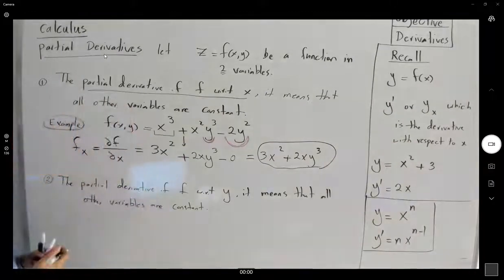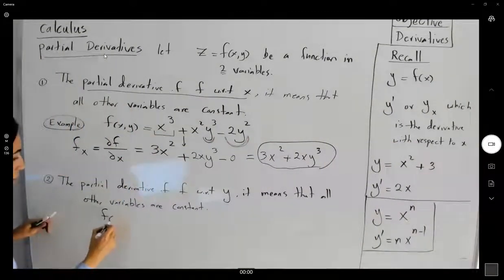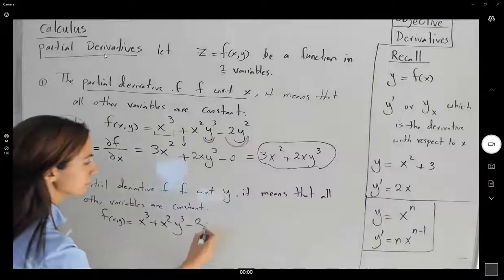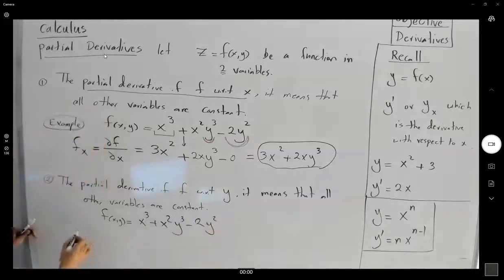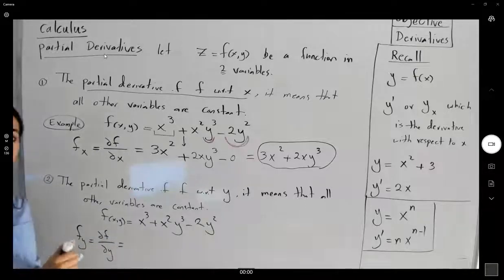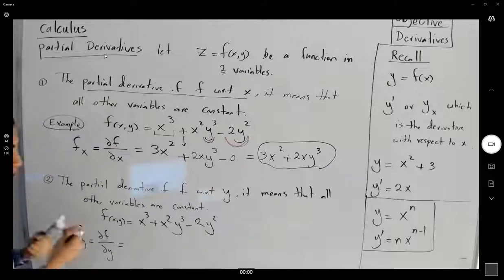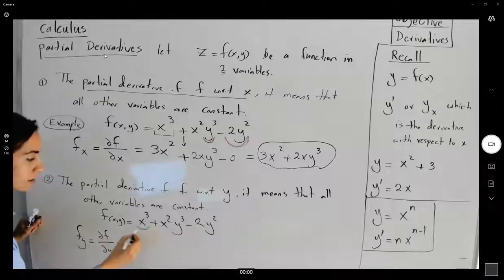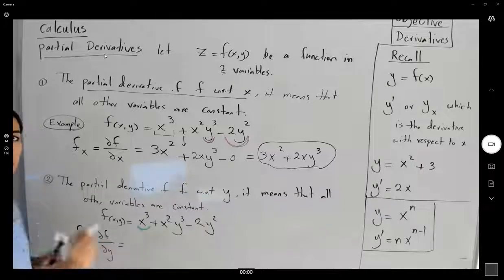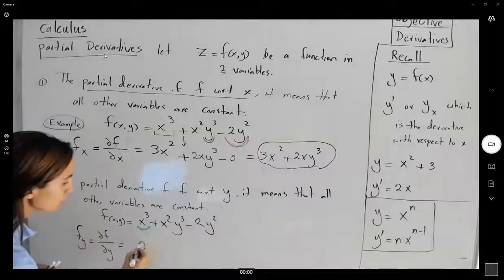Okay. Let me copy down the same function here and take the derivative with respect to y. So taking the derivative with respect to y, partial derivative of f with respect to y. Okay, here we go. Guys, x cubed, x is constant. When you're taking the derivative with respect to y, x is constant. The derivative of a constant is just 0. So you have 0 plus.